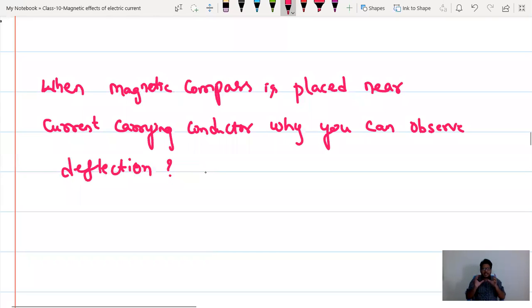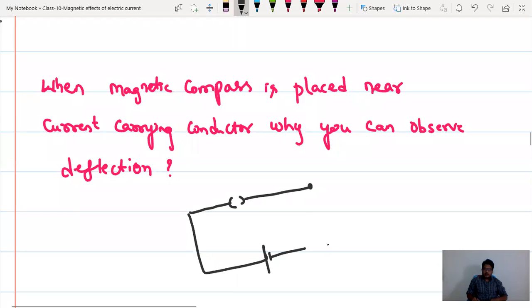So when a magnetic compass is placed near current, okay, let us draw one small circuit. Consider there is a circuit with some key and there is some battery connected. Consider this is an open circuit. Now let us place one conductor between these two, and if you insert the key, it will become a closed circuit.